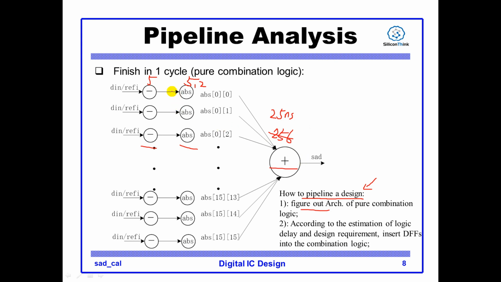So if you just insert a DFF here, you can see that the delay of the first part is 10.2, while the last is bigger, so this part will be the critical path, the delay critical path. This part will finally decide the maximum clock frequency the design can run at.